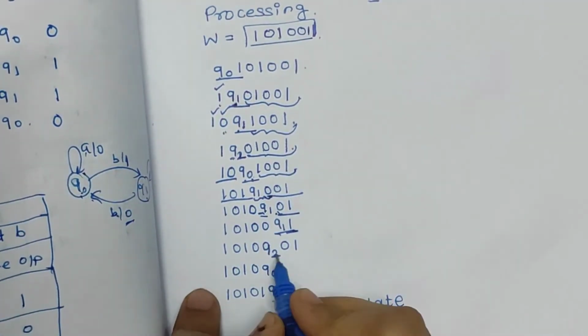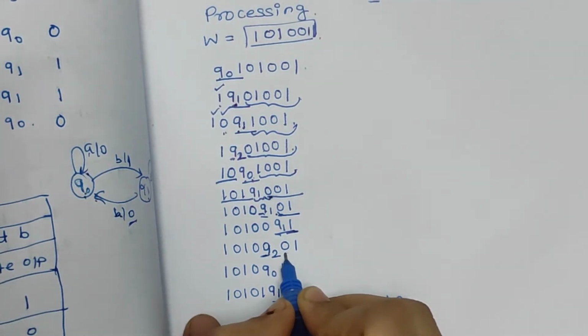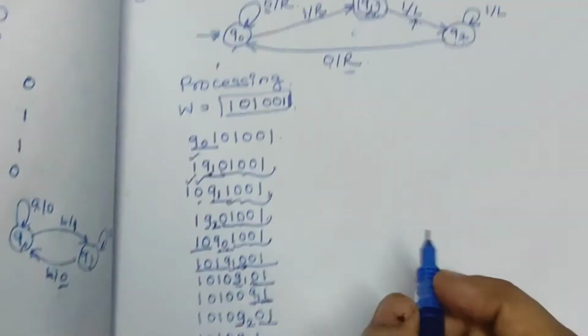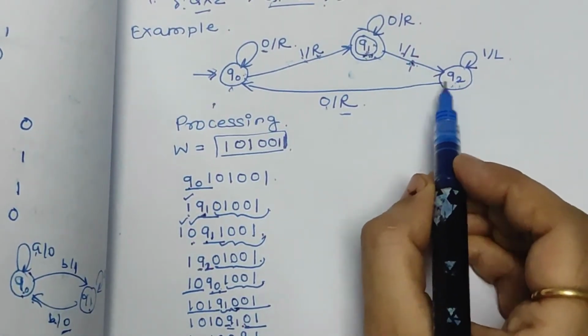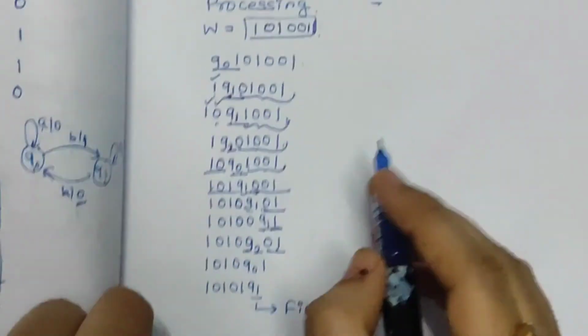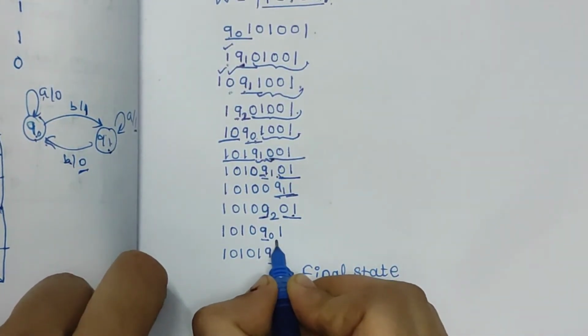So we are in state Q2, but the part to be processed is now 0 and 1. In Q2, if we give input 0, we move towards right and we will be in state Q0.